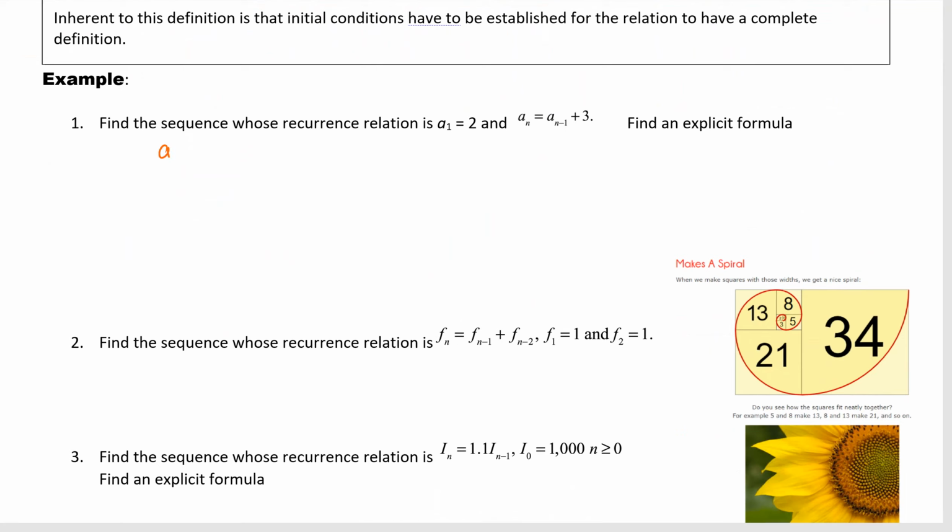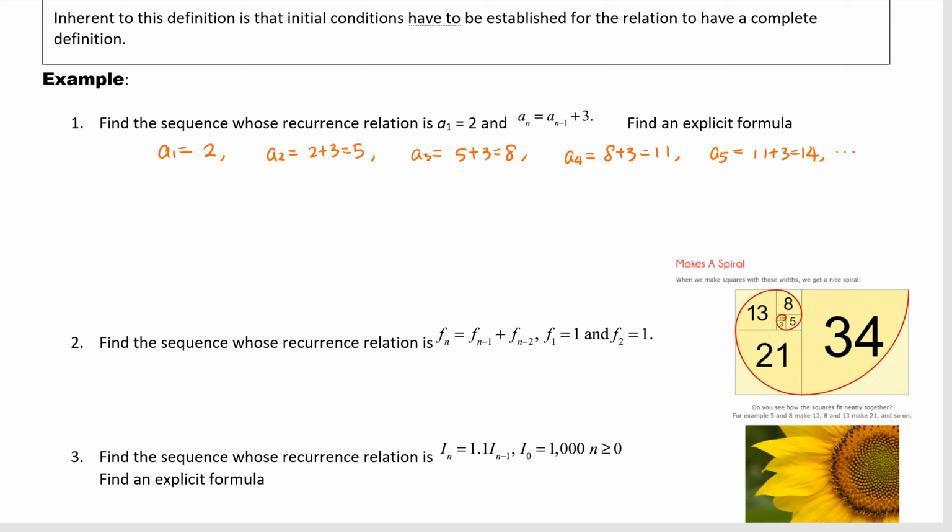So we have a1 equals 2, and then a2 is 2 plus 3, which equals 5. a3 is 5 plus 3, so that's 8. a4 is 8 plus 3, 11. a5 equals 11 plus 3, which is 14, and so on. So these are the first couple of terms.